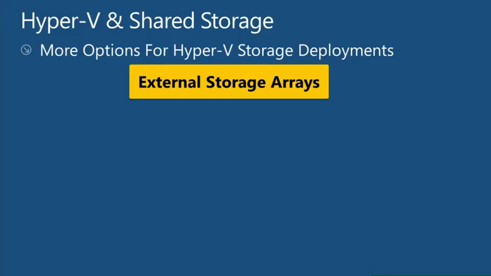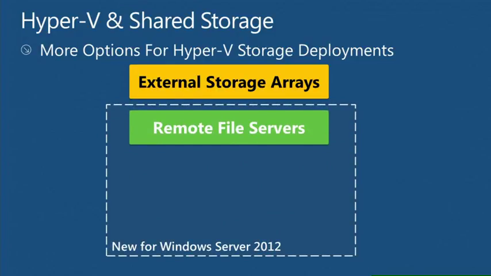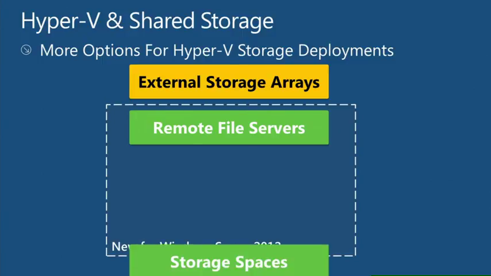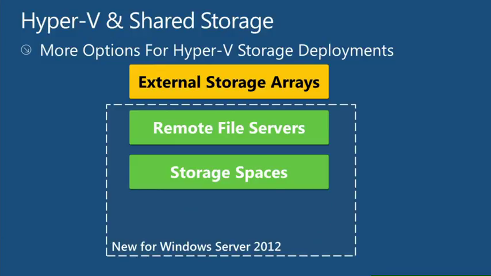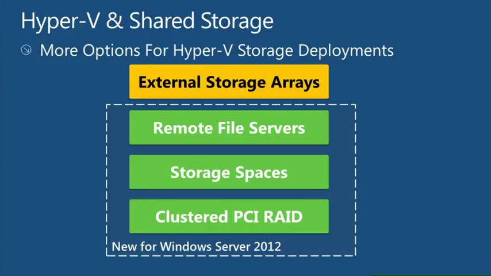And with previous releases, external storage arrays were your only option, right? With Windows Server 2012, we have three new options: remote file storage; storage spaces, an abstraction layer built within Windows Server 2012 that you'll be hearing a lot more about, which allows you to take a bunch of cheap disks and manufacture pools and spaces on top of it; and another technology called clustered PCI RAID.